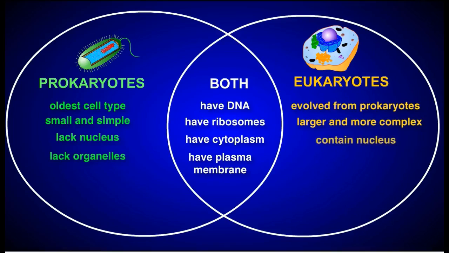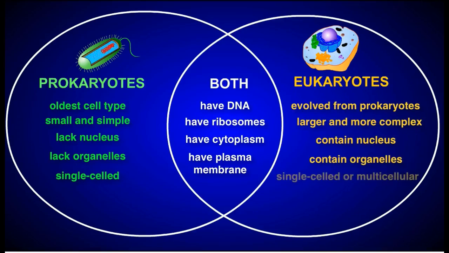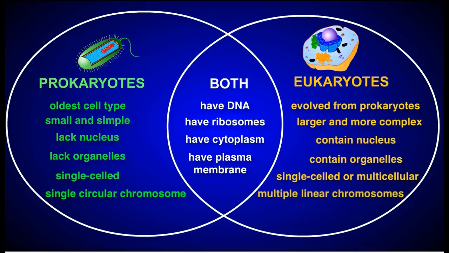Eukaryotic cells have a nucleus and also contain organelles. Prokaryotes are single-celled organisms. Eukaryotes can be either single-celled or multicellular. And finally, the DNA of a prokaryote is usually organized as a single circular chromosome, while the DNA of a eukaryote is organized as linear chromosomes.